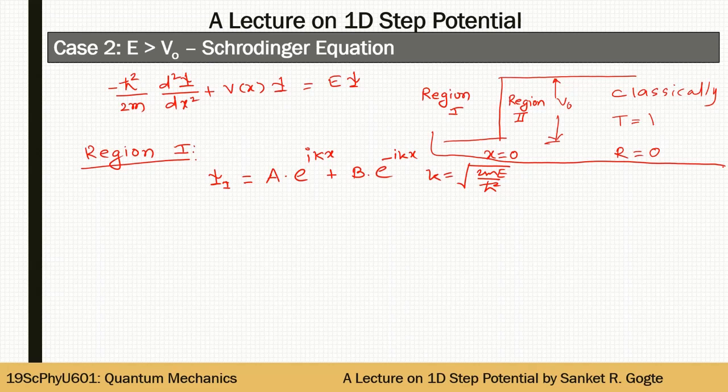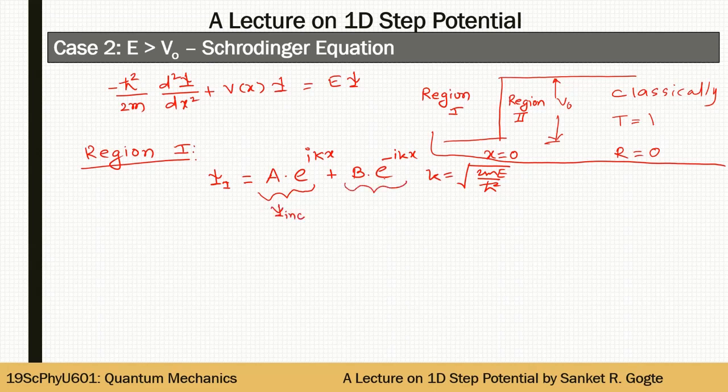Remember that the first term represents the incident particle, the incoming particle, or gives us the probability density of the incident particle.